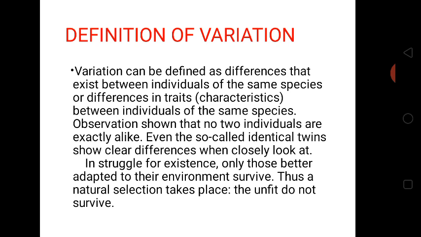Even the so-called identical twins show clear differences when closely looked at. In the struggle for existence, only those better adapted to their environment survive. Thus, natural selection takes place. The unfit do not survive.